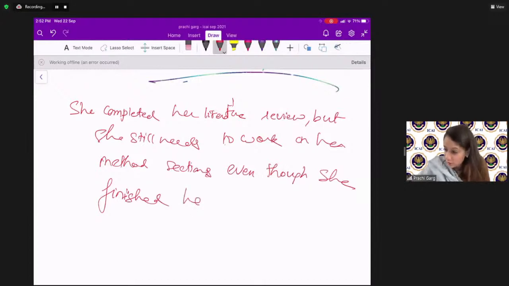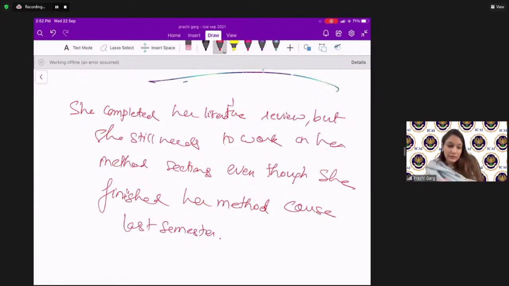she finished her method. Read the sentence to identify the main clause, the dependent clause, and again the independent clause.